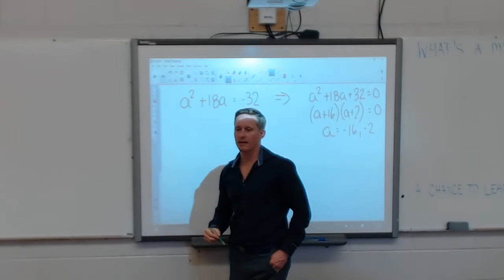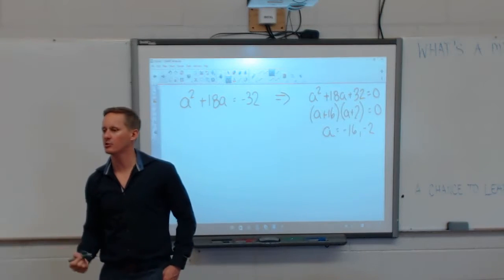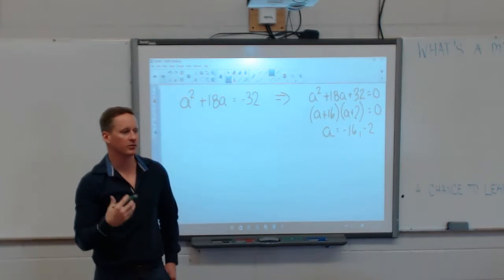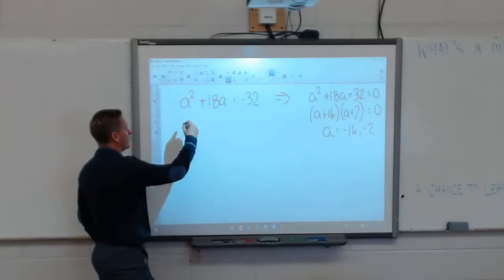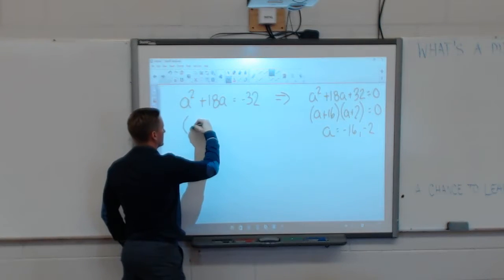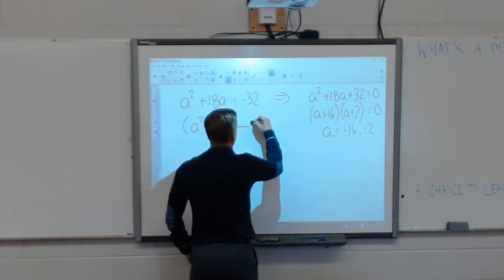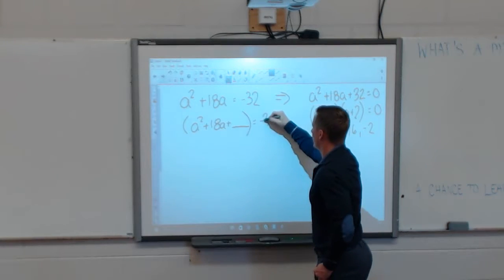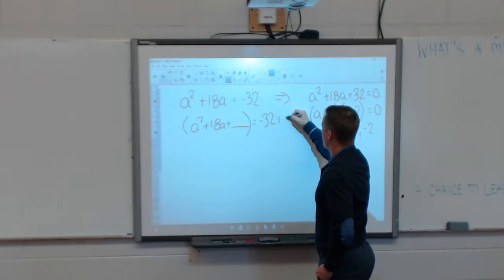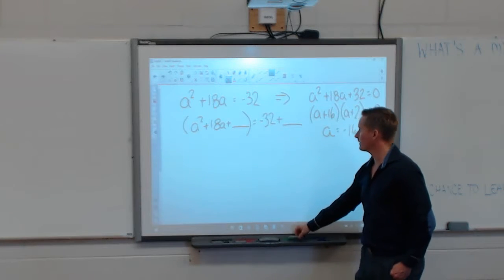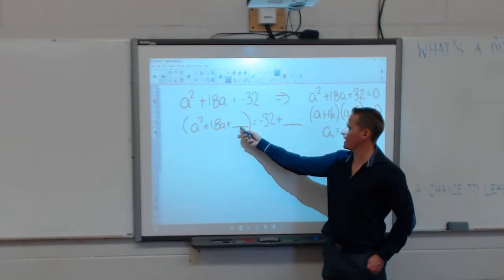Now, I'm going to do this a different way. I'm going to use completing the square to do it, so then I have to only take the square root. So brackets on this side, and add my blank in. On this side, minus 32 plus my blank. Okay, what goes in the blank right here?